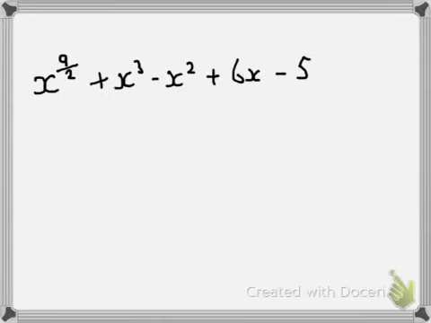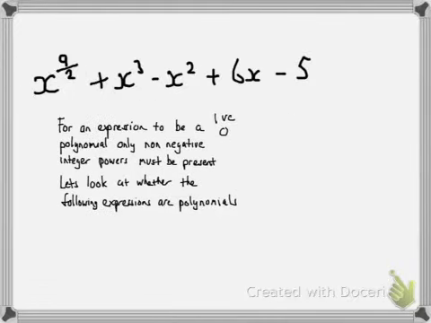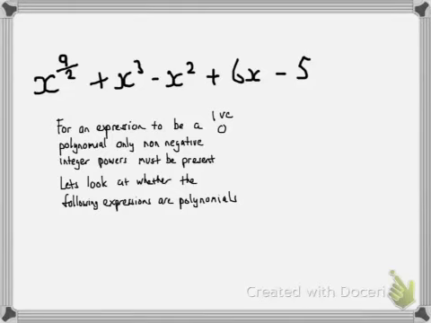Next one, if we put in our definition again, for an expression to be a polynomial, only non-negative integer powers must be present. And now here's the key word this time, integer. Remember the counting numbers, 1, 2, 3, 4, etc. We haven't got any negative powers here, but we certainly do have 9 on 2.